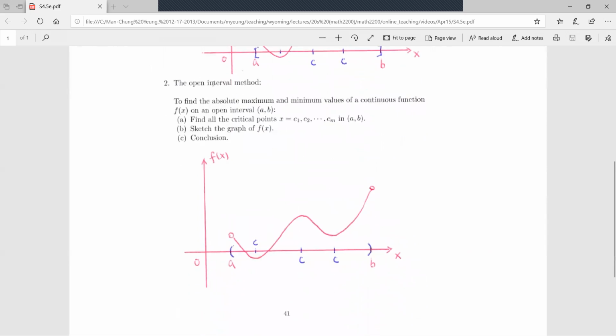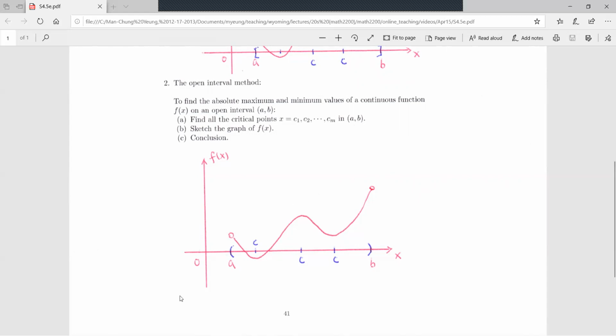To find maximum or minimum over an open interval, also 3 steps. Find all the critical points inside the interval, because maximum or minimum can only appear at a critical point. So find all the critical points.